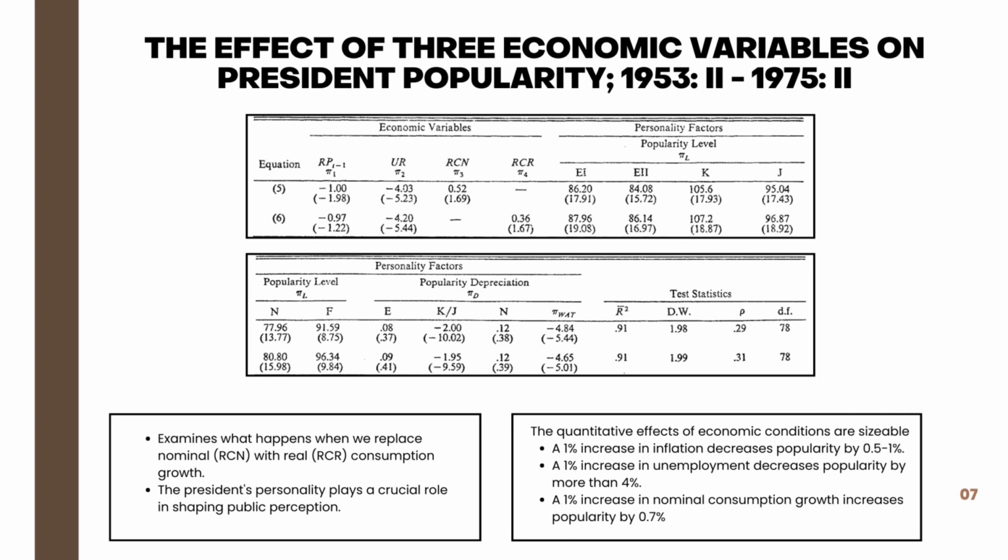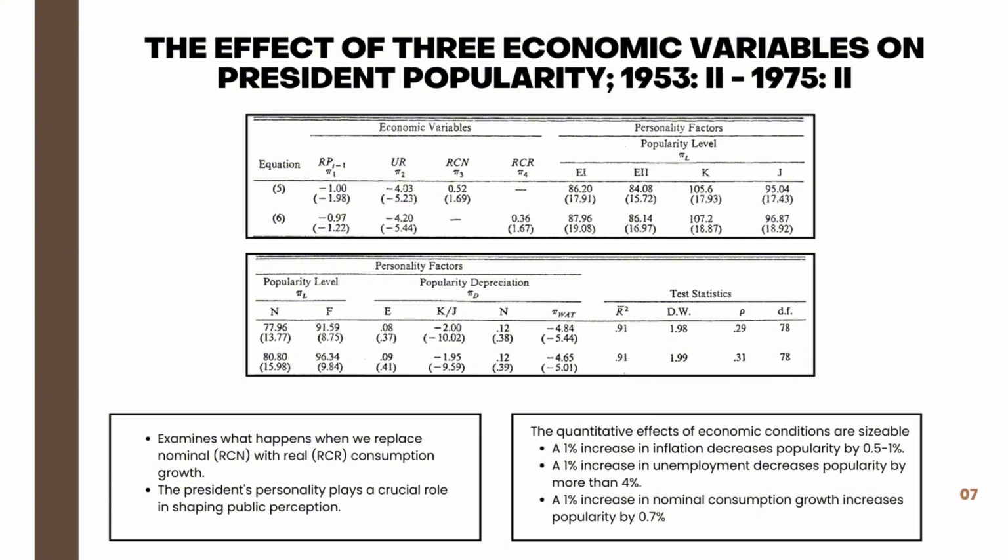Comparing it with the previous table, we can see that while multicollinearity impacts the statistical significance, it doesn't change the size of estimated coefficients. In a combined analysis, inflation and consumption growth lost their statistical significance.